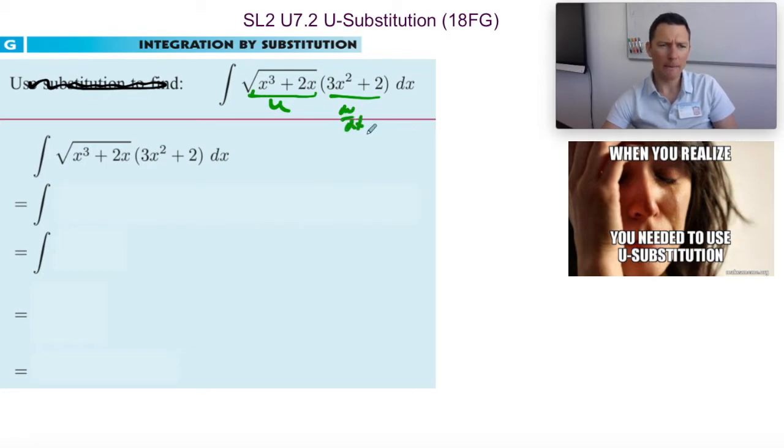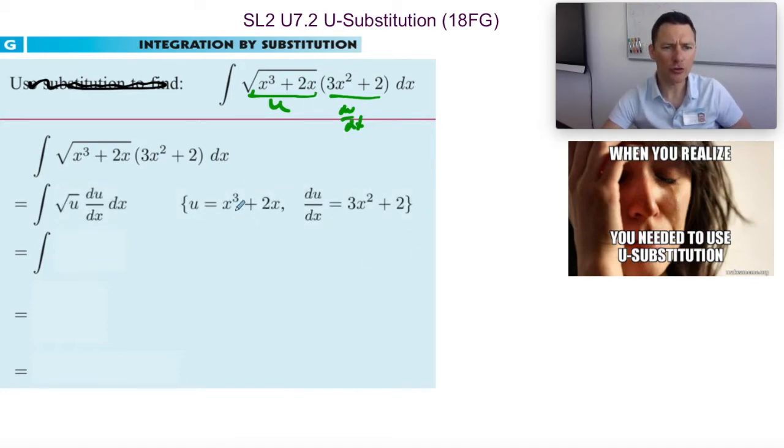So if we call this part u, and we call this part its derivative, then here's u, still in the radical, right? This part. And here's its derivative outside of the radical.